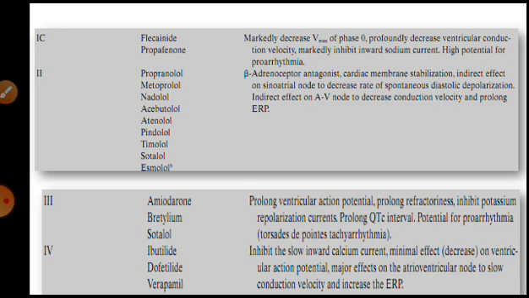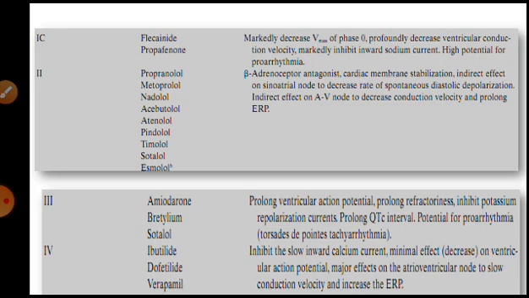Propranolol, metoprolol, nadolol, acebutolol, atenolol, pindolol, timolol, sotalol, esmolol, right? And the mechanisms given here: beta adrenoceptor antagonist, you know very well. Cardiac membrane stabilization: you remember in the classification of beta blockers there is membrane stabilizing activity, so they also do that.